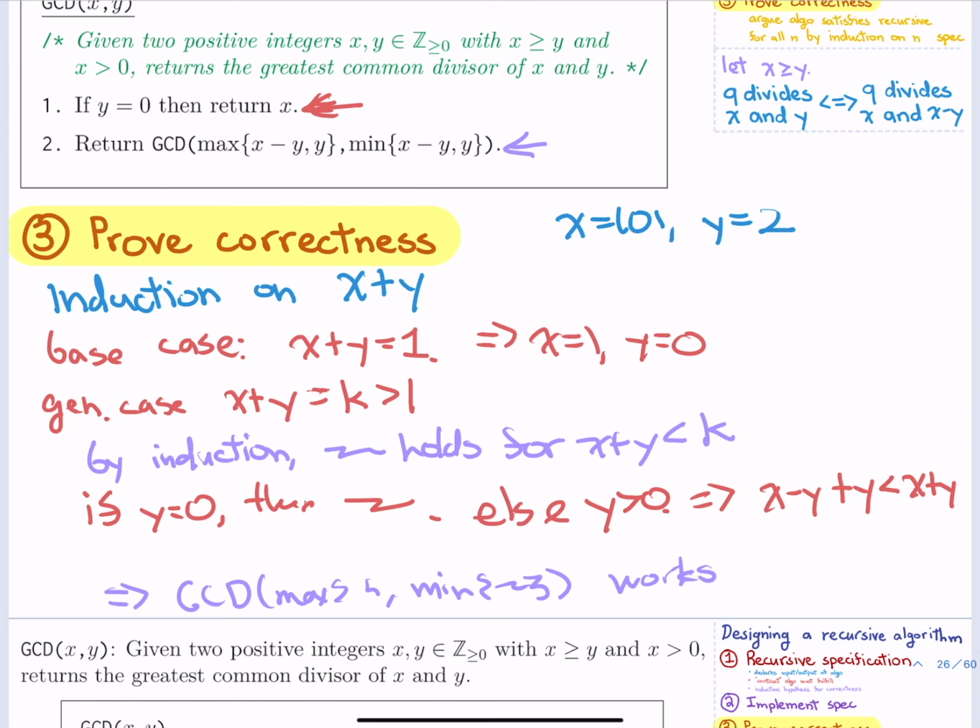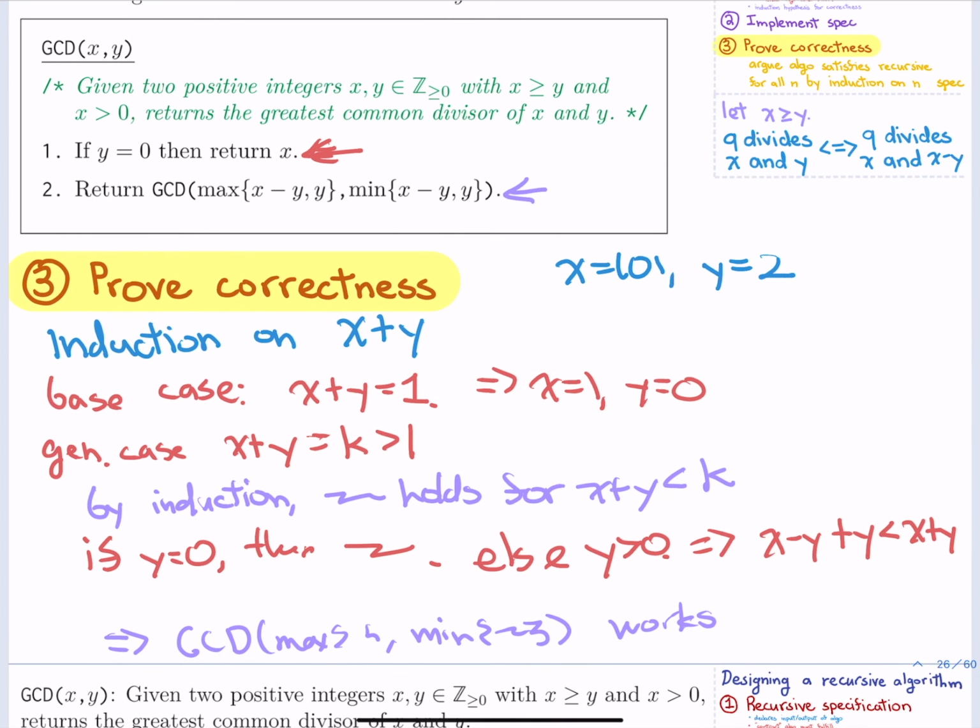Then by induction, the subcall is going to work, and also by the corrected version of Euclid's argument, the greatest common divisor of y and x minus y is the greatest common divisor of x and y. We know the subcall will work because the sum of the two arguments has gone down, after checking off the case where y equals 0. So you have to be a little careful to apply the induction hypothesis correctly.